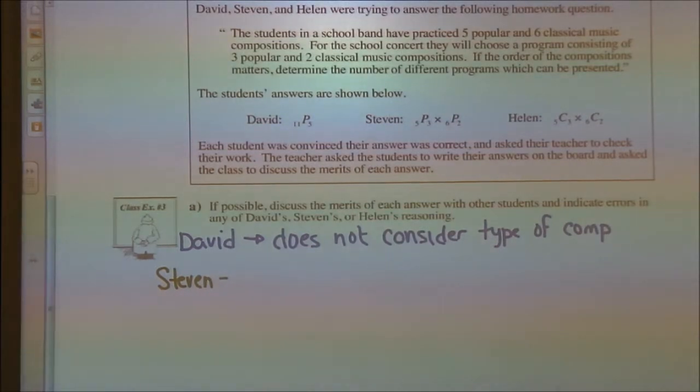Okay, what does Stephen do? Does Stephen consider order? Yeah? Okay. Does Stephen take into consideration the classical and the popular? Yeah, so he's got that part right. Did Stephen make a mistake? What is he starting off with?